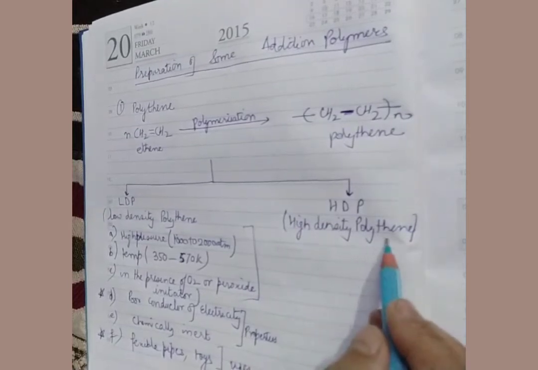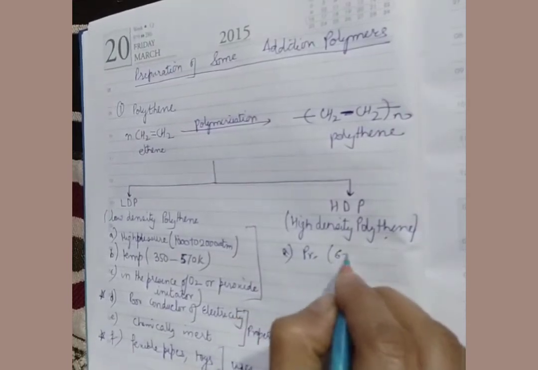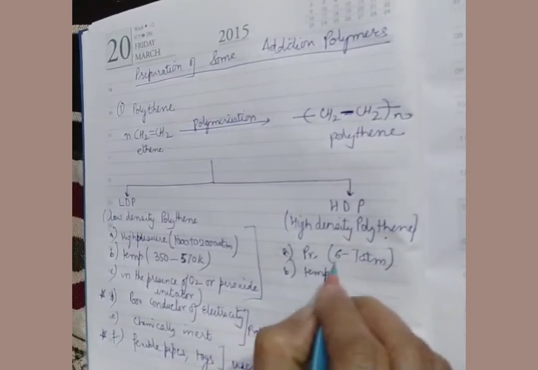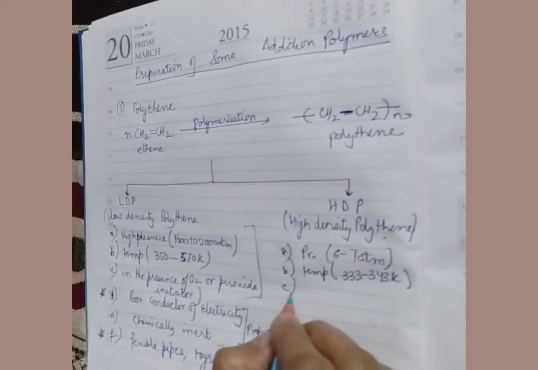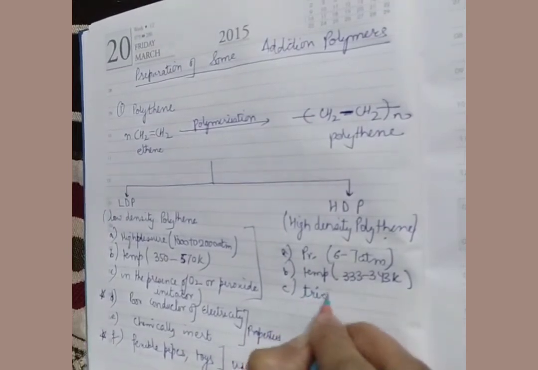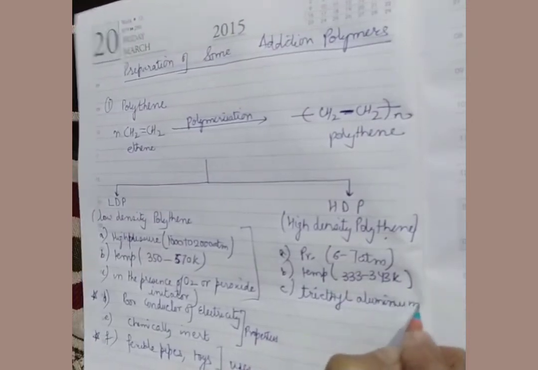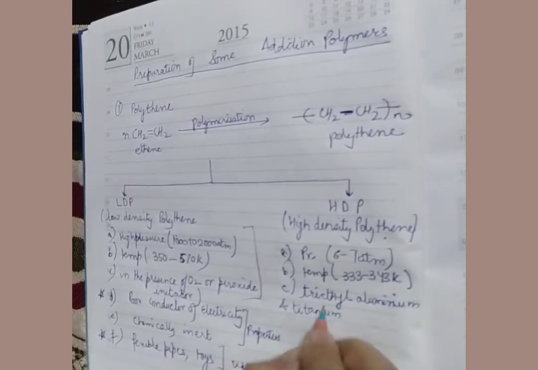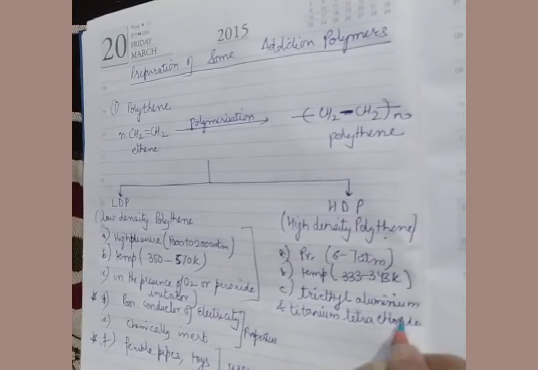So for high density polythene, what are the conditions we have been using? The pressure is around 6 to 7 atm. Temperature is 333 to 343 Kelvin, and the catalyst which we are using is triethyl aluminium and titanium tetrachloride.